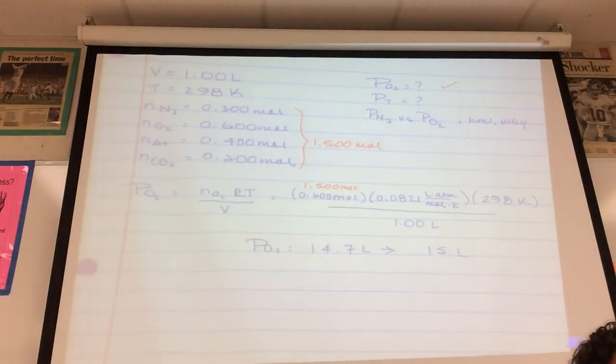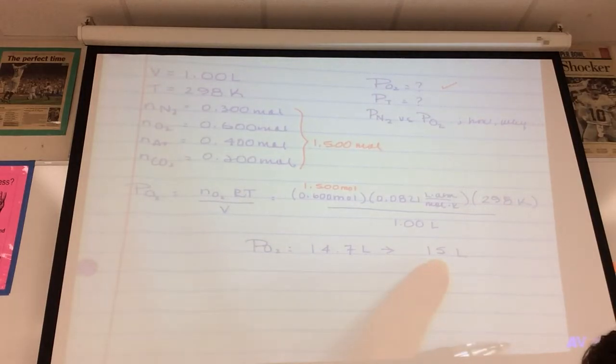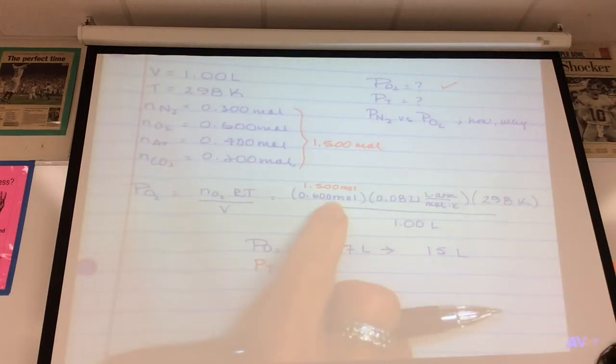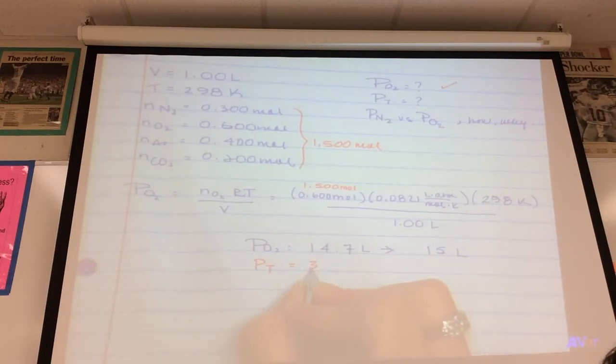Now instead of replugging all of that, if you do 1.5 divided by 0.6, you get 2.5, right? So it's 2.5 times what you had. Does that make sense? So the total pressure is 2.5 times the pressure of oxygen gas, which is 38 atm.